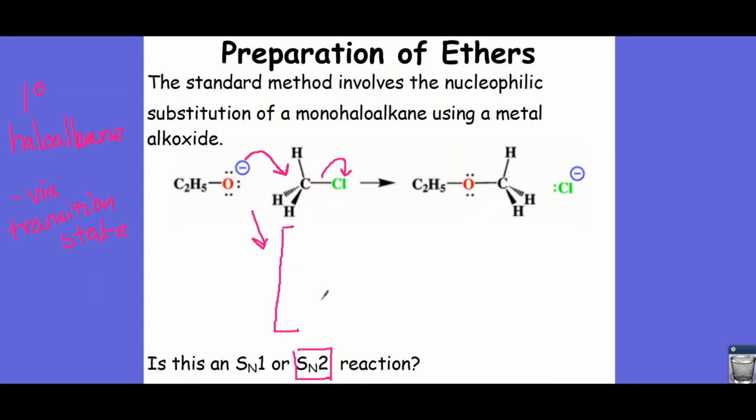Remember, we draw our transition state in square brackets. So I'm going to start with my alkoxy group and the bond half formed here. So C2H5, and that bond has half formed to my carbon.